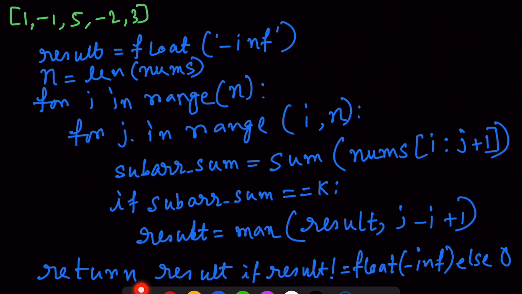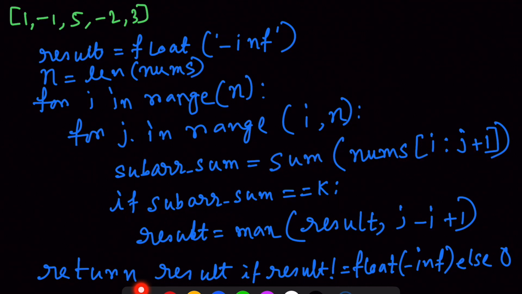It's a very brute force approach where we have two for loops, with i ranging from 0 to n, and j in range i to n. For each starting position i, j is in range i to n, and I am creating the subarray from nums i to j and calculating the sum.